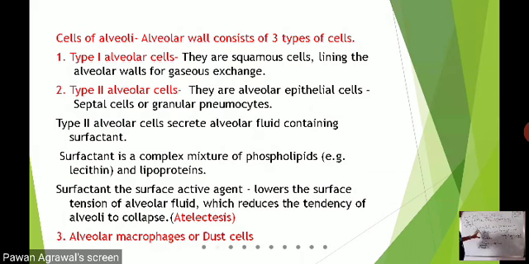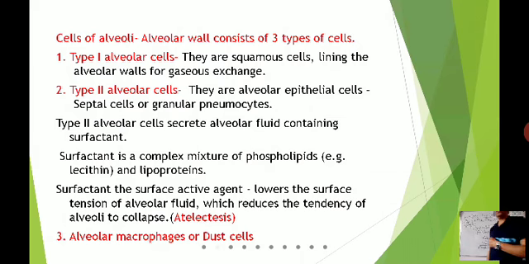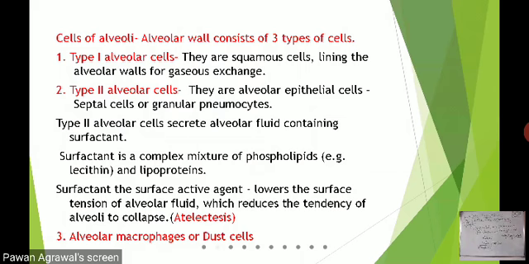If surfactant is not there, the lungs are not able to expand, which means they will collapse. Collapsing of the lungs is known as atelectasis. And lungs have alveoli, so it is the collapsing of alveoli that is known as atelectasis.